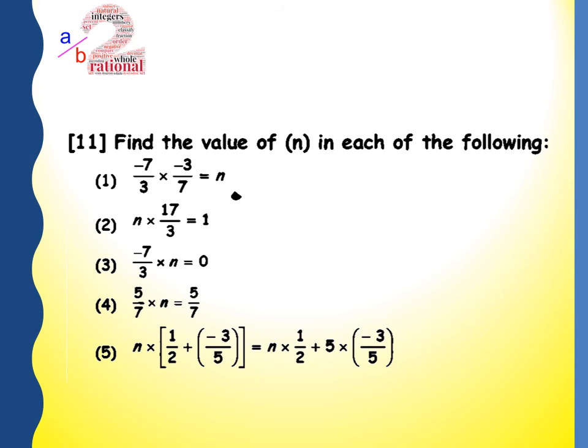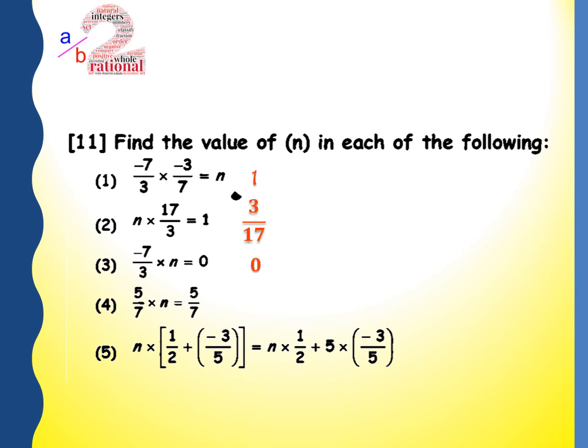Find the value of n in each of the following. Here I have a rational number and its multiplicative inverse, so n equals 1. Here a rational number times a certain rational number gives me 1, so this number for sure is its multiplicative inverse. And here a rational number times n gives me 0. I have a property which is multiplying by 0 equals 0, so here n equals 0.